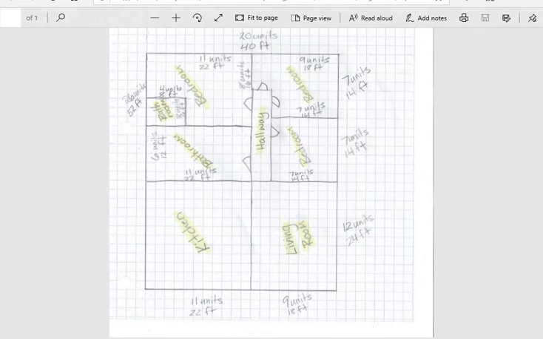So, my square footage needs to fall between this. How do you find square footage? Length times width. My length was 52. My width was 40. 52 times 40 gave me 1,080 square feet. Am I falling between the average size house? Yes.